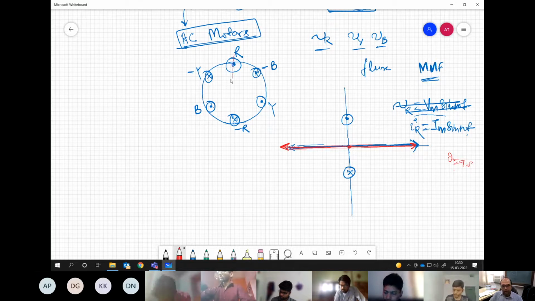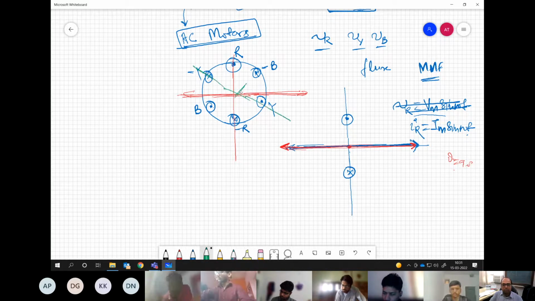Similarly, if you have other phases also distributed, each will have its flux changing only along its own axis. Let's say Y is here and B is this, something like here.